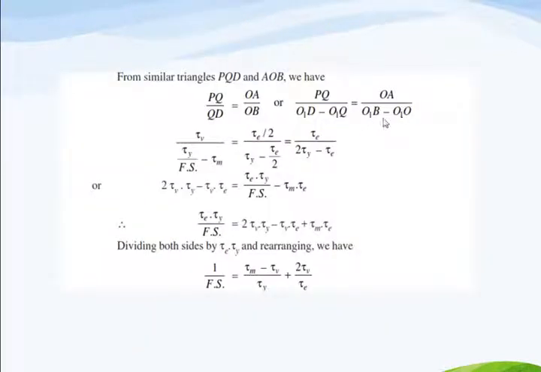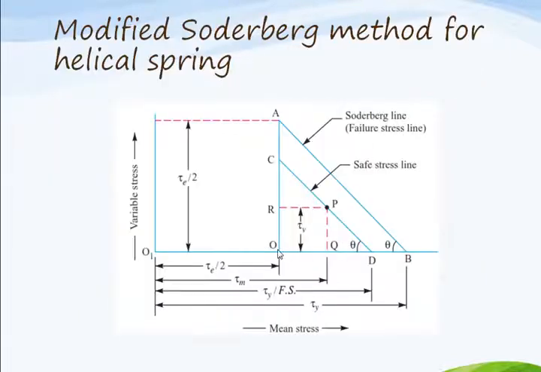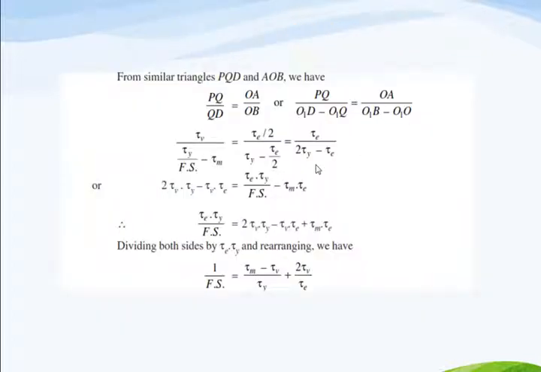O1B minus O1O, where O1B is tau y and O1O is tau e by 2, so tau y minus tau e by 2. By simplifying this relation we get tau e into tau y by FS is equal to 2 into tau v tau y minus tau v tau e plus tau m tau e.